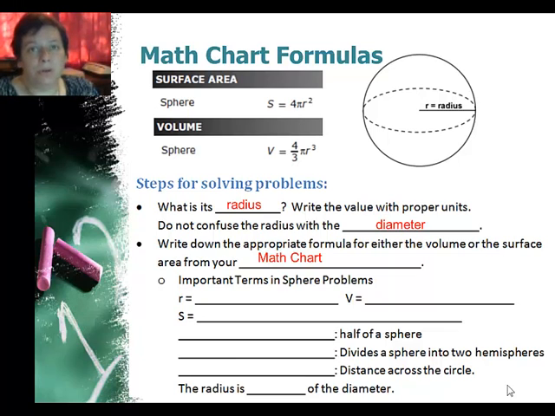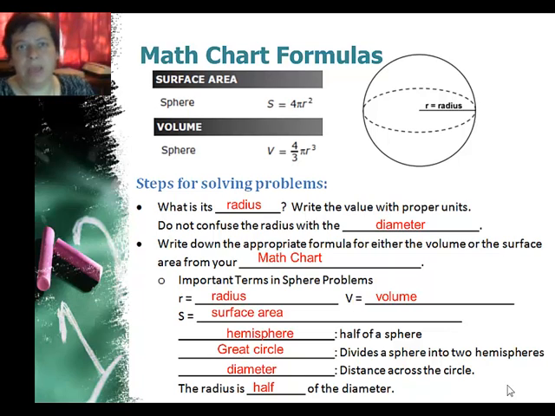There are some important terms in sphere problems. R, which we've been using already, is the radius. V is volume, and S is surface area. A hemisphere is half of a sphere. You've probably heard it like, Western Hemisphere tends to refer to North America, South America, this half of the globe. The Eastern Hemisphere would refer to the other side, normally like Asia.